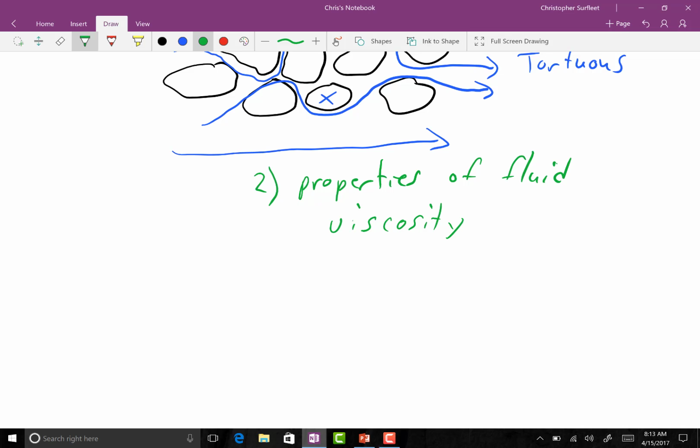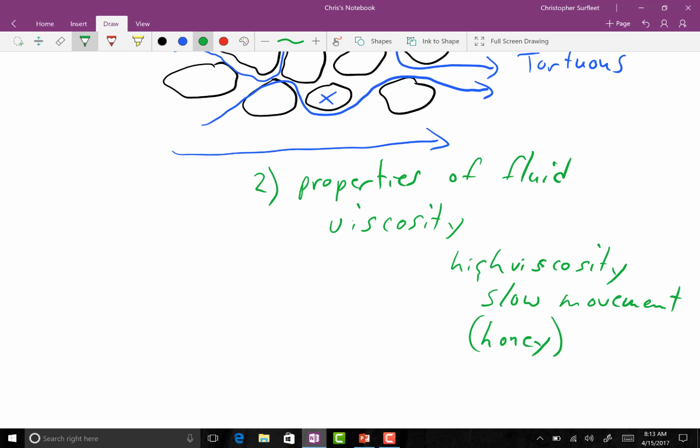And so if you have very high viscosity, you're going to have slow movement. A highly viscous material would be something like honey. Very slow movement. The molecules in the honey are not going to travel across each other very quickly. Low viscosity would be things like water, or even lower, things like petroleum products like gasoline.